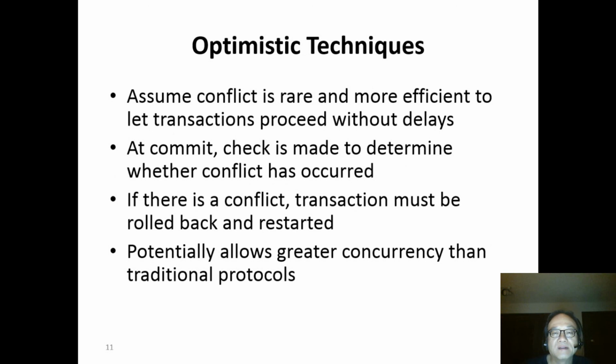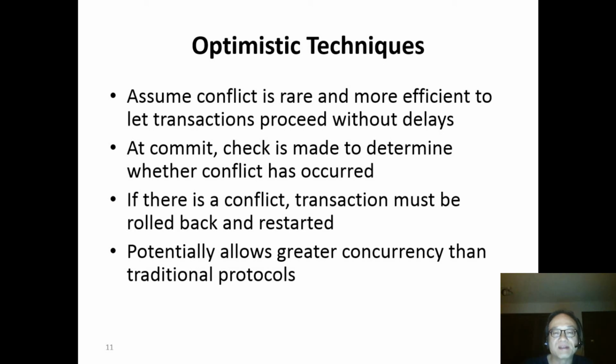Again, the concurrency control techniques are used to maintain data integrity. The optimistic concurrency control techniques are commonly used for applications that have a lot of read operations but very few write operations.